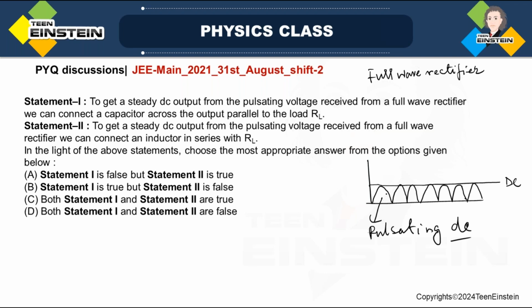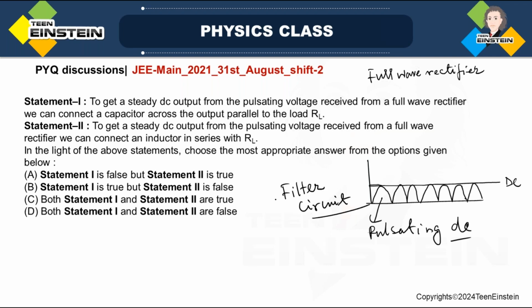So from pulsating DC you have to get a steady value, steady DC output. For that, after the full wave rectifier circuit, you have to have a small filter circuit. Here the statement is about the filter circuit.